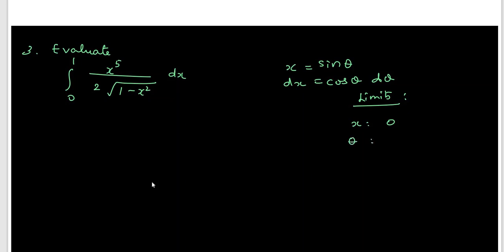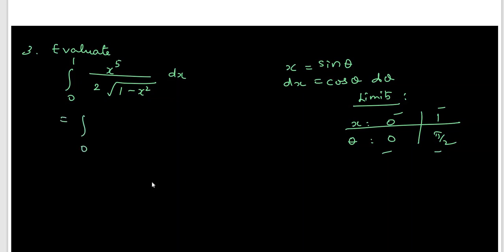When x is 0, sine theta is 0, sine inverse 0 is 0. When x is 1, for what value of theta is sine theta 1? So it is pi by 2. So between 0 and 1 now becomes between 0 and pi by 2.